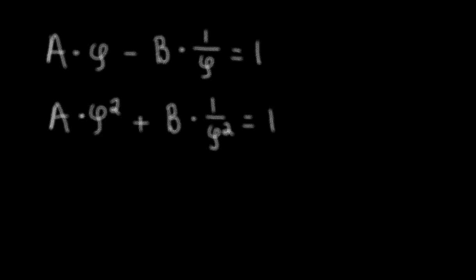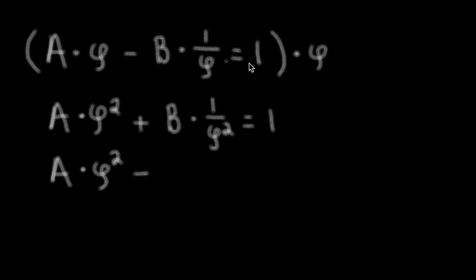All right, so we're on the home stretch. What I'm going to do to solve the system is take this top equation and multiply both sides by phi. And let me write the result underneath this other equation. That's a times phi squared minus, well, 1 over phi times phi is just 1, so that's just minus b. And then we have phi.